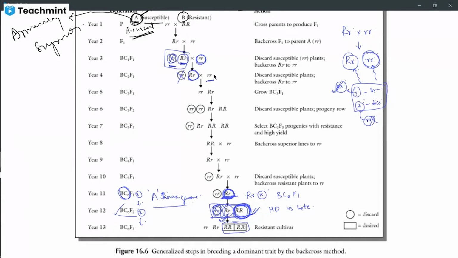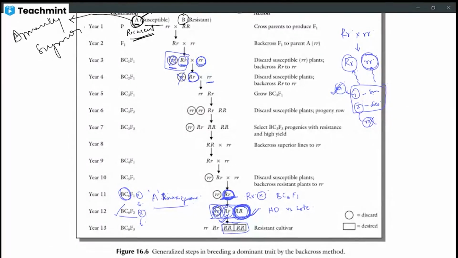Okay, you are just performing the backcross, and then obtaining the progeny, again performing the backcross, again obtaining the progeny, again backcross, again progeny. But at last, whenever your A parent genome is 99%, you will be performing the selfing. Why do you need to perform selfing? To know which is your homozygous.